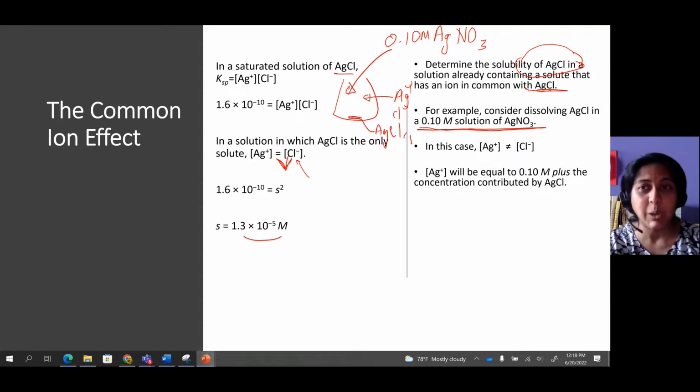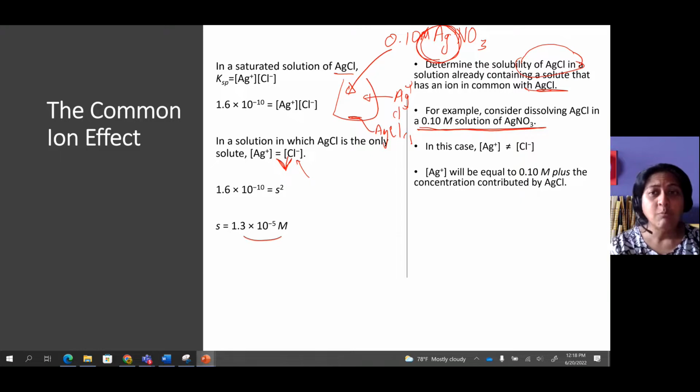What is going on? Here is a common ion effect, adding more of the silver ions. In a solution like this, the concentration of silver ions is not equal to the concentration of chloride ions. So we call this a common ion effect.